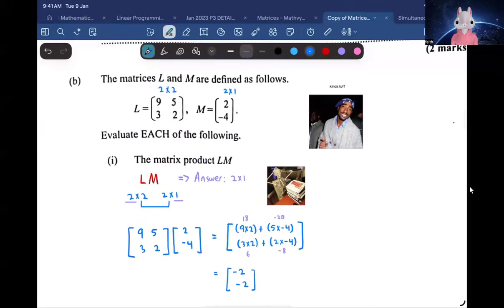Negative 2. 1 over negative 2? Where did you get the negative 2 from? From the last answer.